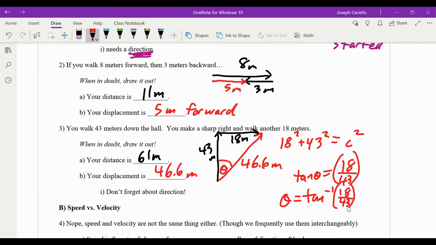I'm getting 22.7 degrees. So it would be that angle right in there. Now, what would I call that angle? Northeast, southeast. For now, just 22.7 degrees. We'll worry about the cardinal directions later. I didn't give you any here, so you can't really use them.